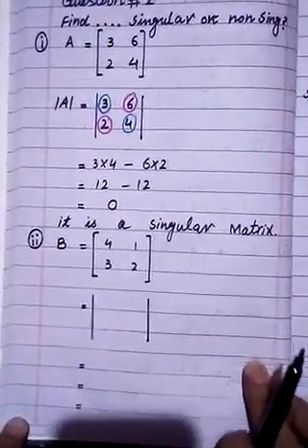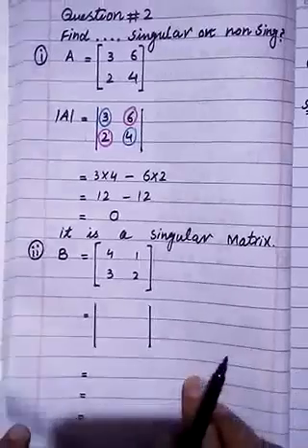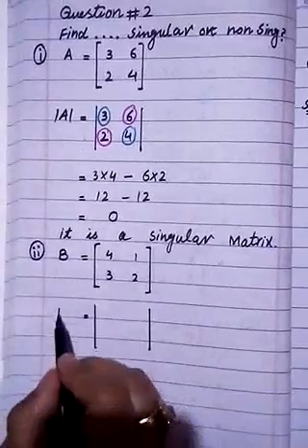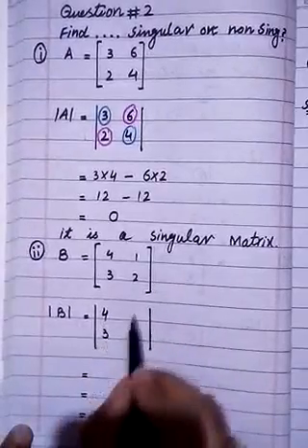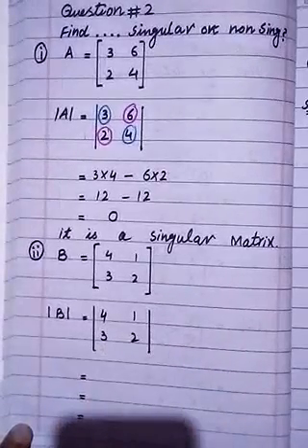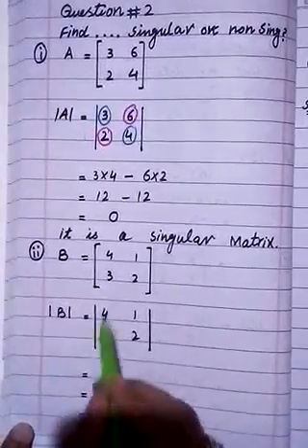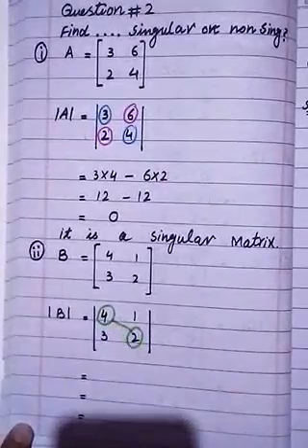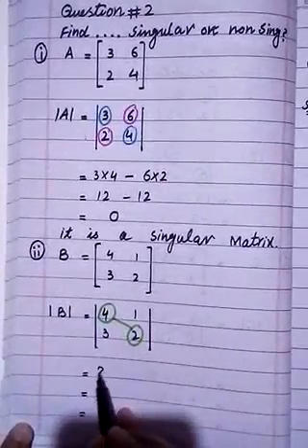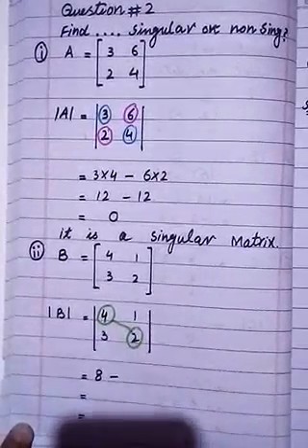Now, let's see question number 2, second part. The rule is the same. First of all, you have to write it in determinant or mod form: 4, 3, 1, 2. First entry multiplied by fourth entry: you get 4 times 2 is 8. The sign of minus is used here.